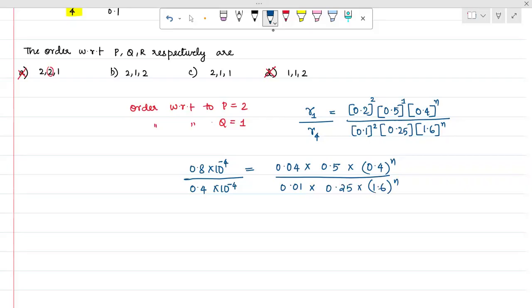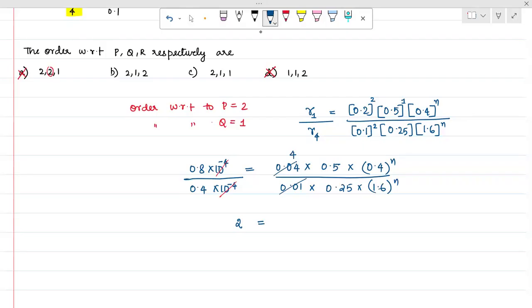Okay. Now, what is 0.8 divided by 0.4? So here 10 to the power 4 minus 4 gets cancelled and you get 2 over here. Okay. And you have 0.04 divided by 0.01. This becomes 4.